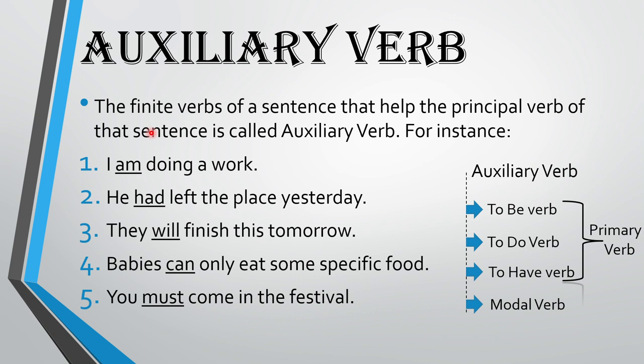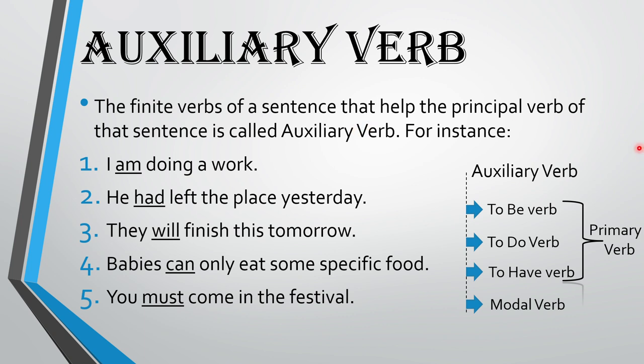There are mainly two types of finite verb. One is principal verb, which we have finished. Now we discuss the auxiliary verb, which is another type of finite verb. The finite verbs of a sentence that help the principal verb of that sentence are called auxiliary verbs.